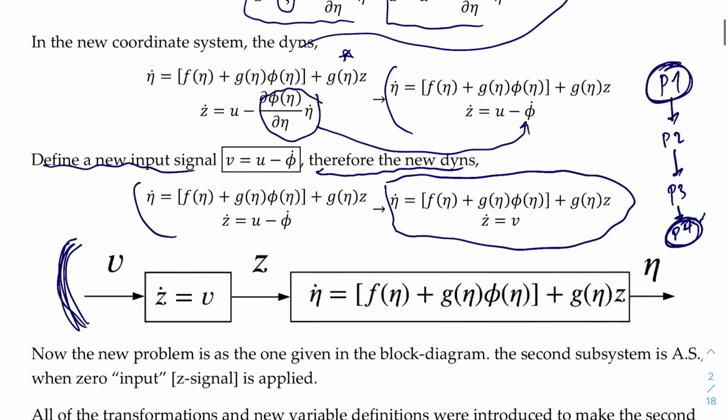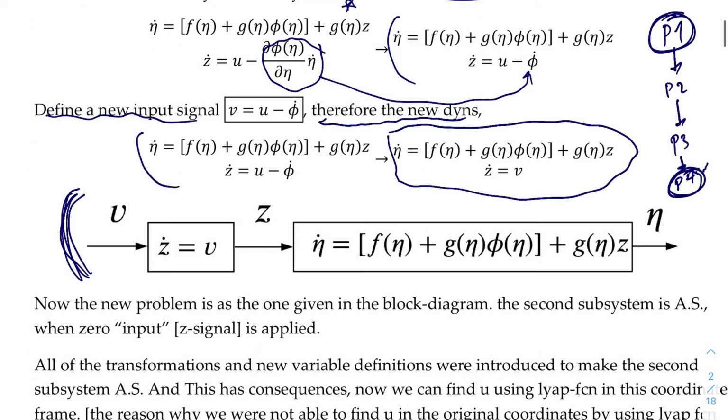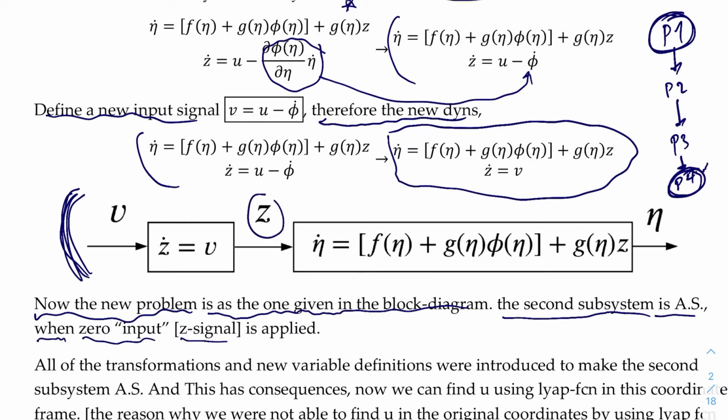Now the new problem is the one given in the block diagram. The second subsystem here is asymptotically stable when zero input z signal, the input to this subsystem, is applied. And this is the most important detail.